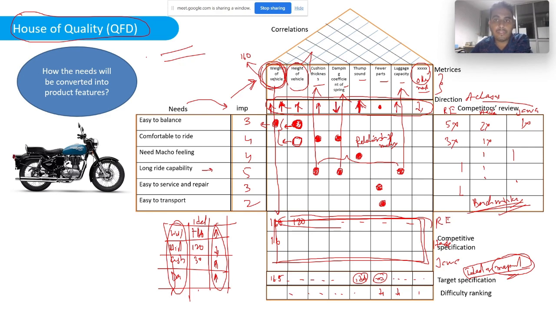For example, I talked about something called wheelbase, right? For example, this is wheelbase, and the way height have some sort of negative correlations.